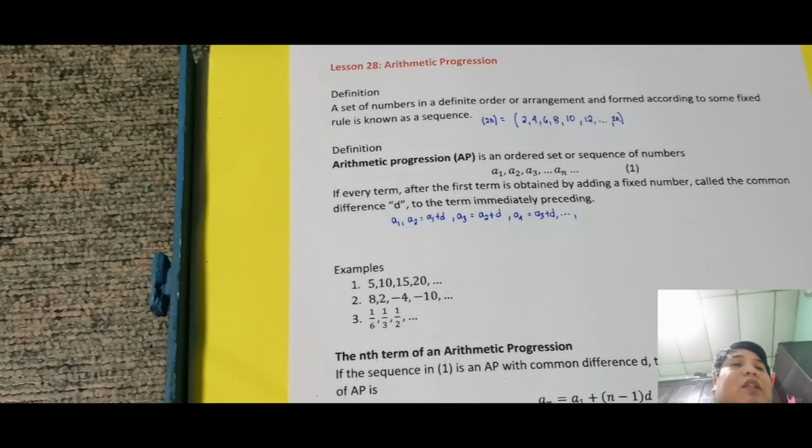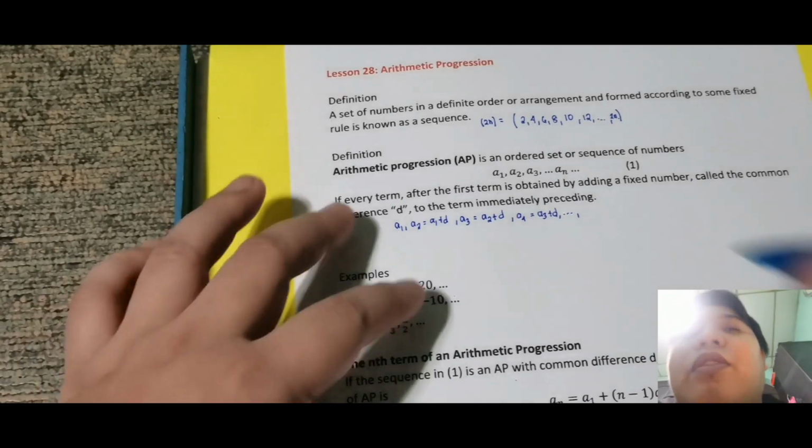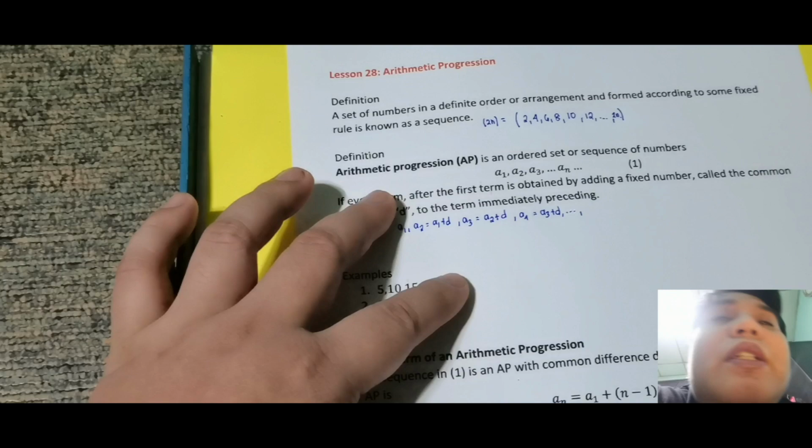Paano natin malalaman na yung isang sequence natin, o yung ordered set ng numbers natin, is an arithmetic progression, or AP?